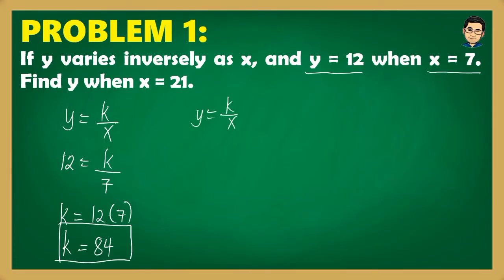And then, we substitute the constant of variation, which is 84, over the value of x, which is 21. Then, we just simply divide 84 by 21. It will give us 4. So, the value of y when x is equal to 21 is 4.